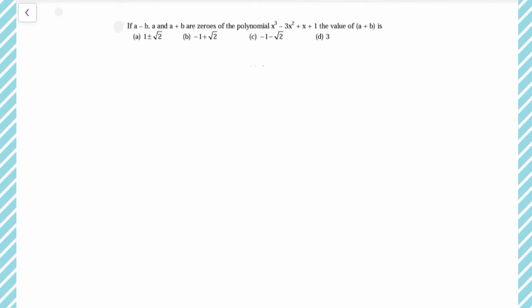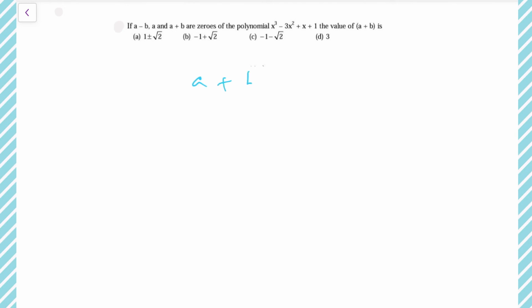Next, if a minus b, a and a plus b are zeros of the polynomial x cube minus 3x square plus x plus 1, then he is asking to find the value of a plus b. Observe here clearly, just by some logic only I am explaining this one, because if we go with the again process, it takes a lot of time.